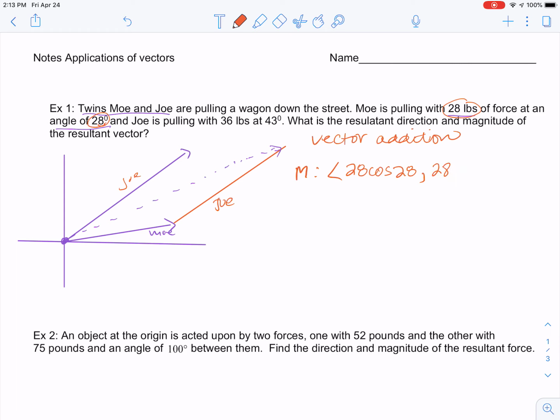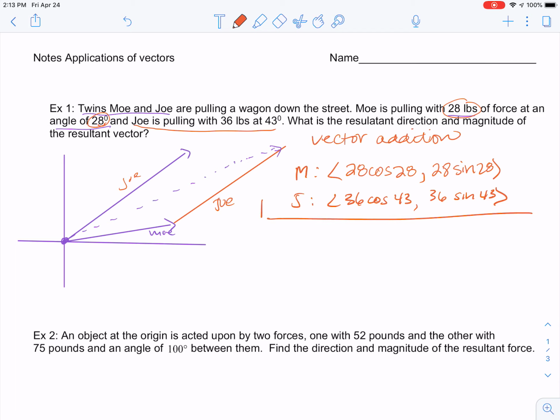So you would do 28 sine 28. That's for Mo. Now we'll do Joe. And Joe is 36 cosine 43, and then 36 sine 43.